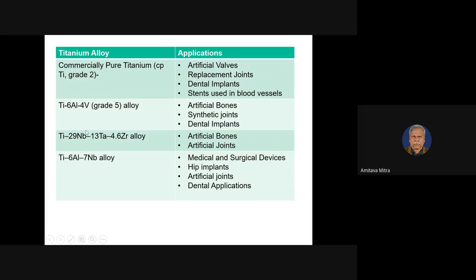Titanium, niobium, tantalum, and zirconium is used for artificial bones and artificial joints. Titanium, aluminum, and niobium alloy are used for medical and surgical devices, hip joints, artificial joints, and dental applications.